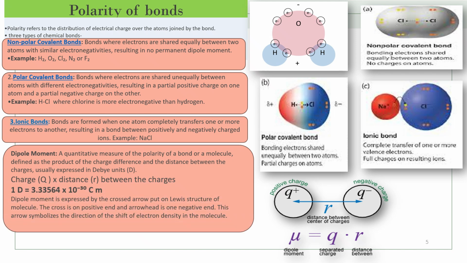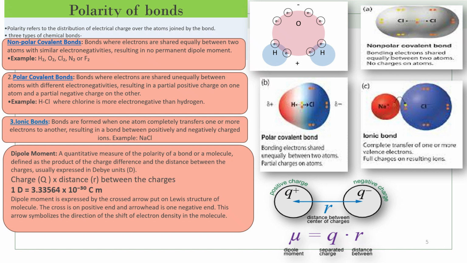See the formula of dipole moment: mu is equal to charge into distance, where distance means the distance between the two charges. This dipole moment is usually expressed in Debye units, that is D. 1 D is equal to 3.33564 into 10 to the power of minus 30 coulomb meters.